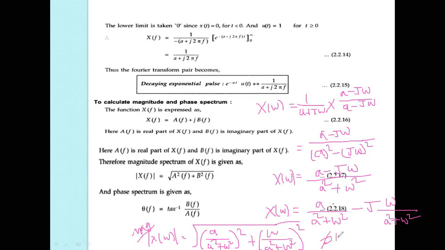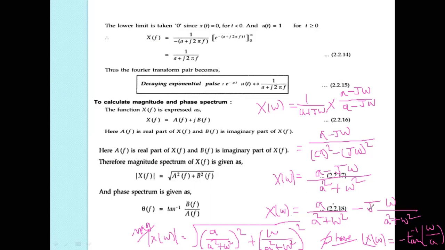And phase, because it is a minus b, that is x minus jy. So the phase angle of X of omega is equal to minus tan inverse of the imaginary part, omega, over the real part, omega by a. Why am I using the minus? Because it is the fourth quadrant, my dear students.